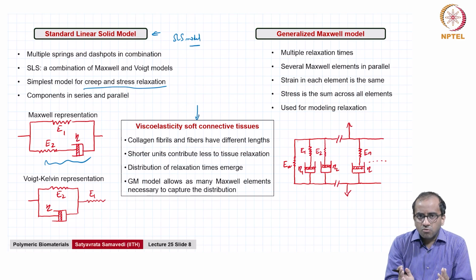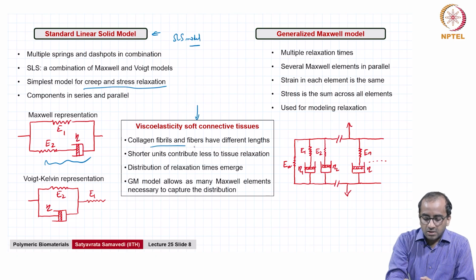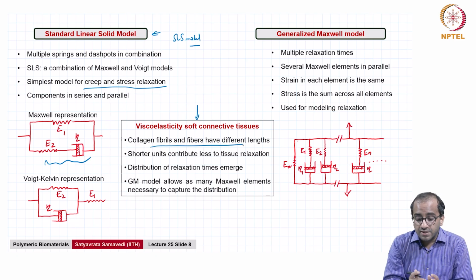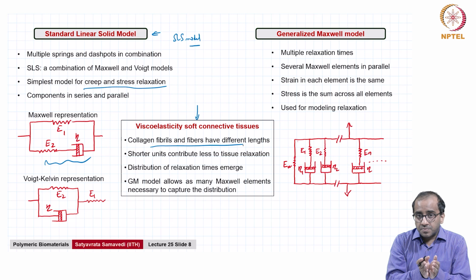If you just take collagen as an example, which is just one aspect of viscoelasticity in complex soft connective tissues, if you think about the fact that the collagen fibrils and fibers have different lengths, and the shorter units contribute less to tissue relaxation, you end up seeing that a distribution of timescales will emerge, right. Relaxation timescales, there is a whole bunch of them, right.